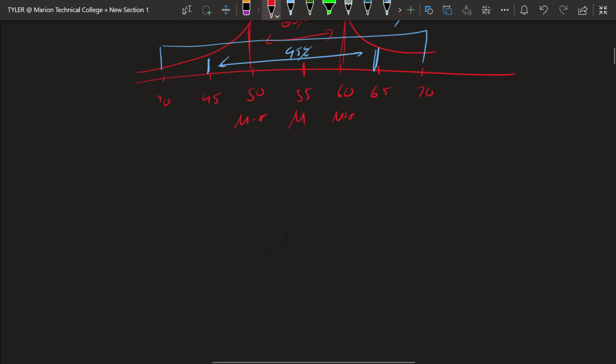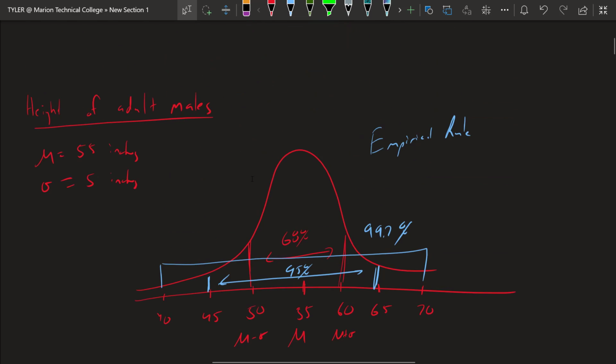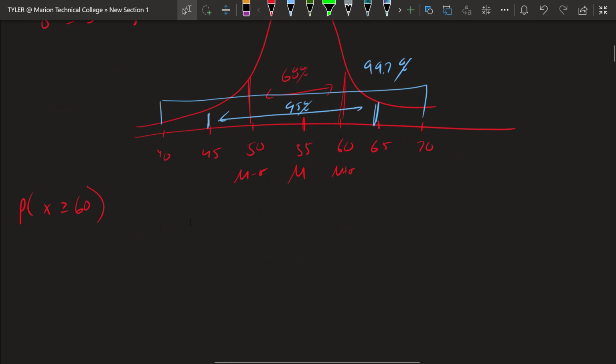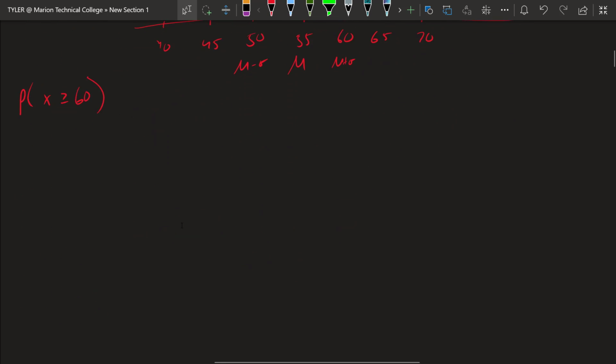Another idea is, given this information and knowing that the population is normally distributed, what's the probability of randomly selecting a male who's taller than 60 inches, right? So we could begin to calculate this. We could draw a normal distribution.